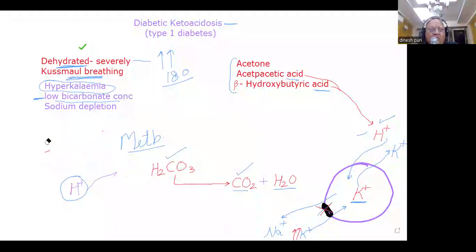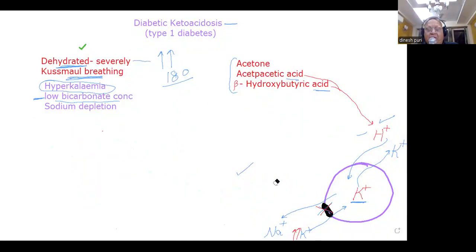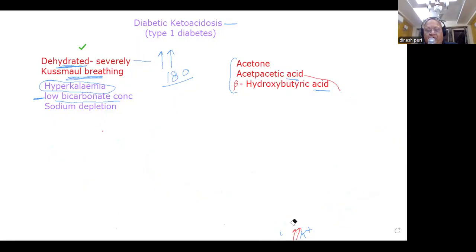Now we come to sodium depletion. Why is there sodium depletion? Now you see all these ketone bodies. Acetoacetic acid will dissociate to form acetoacetate. And beta hydroxybutyric acid will form beta hydroxybutyrate.